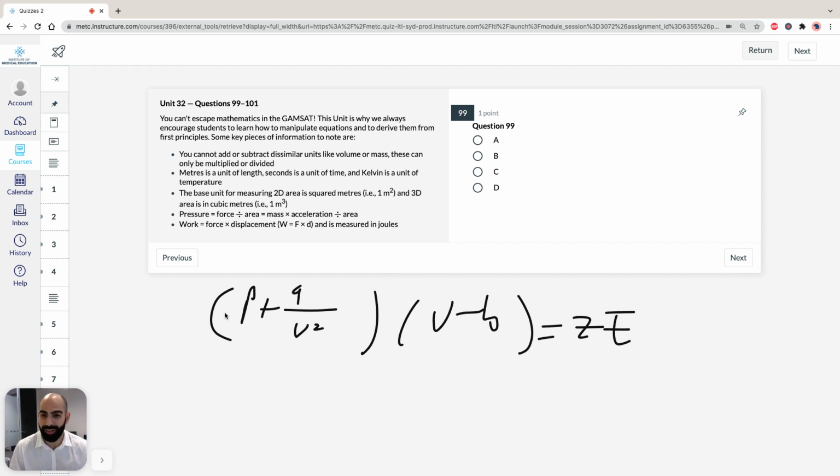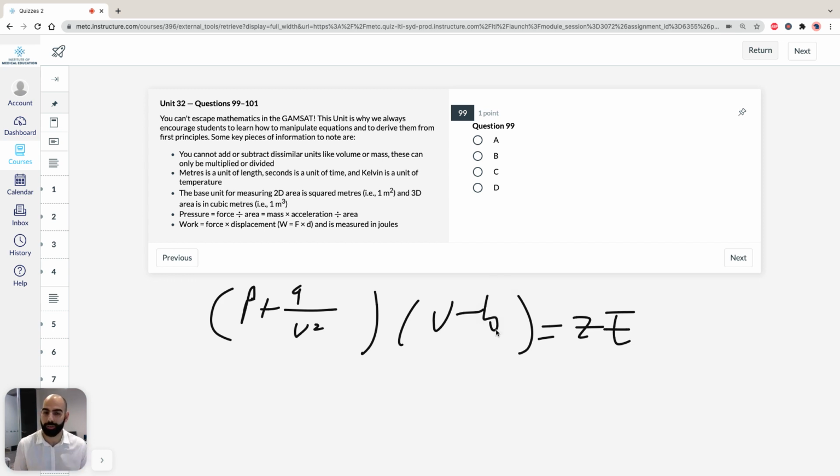It's important to note that you can't add or subtract dissimilar units. So if you're adding, say, pressure plus this section, this has to be in units of pressure. Same goes here. If this is a volume and you're subtracting something from it, this has to be a unit of volume.